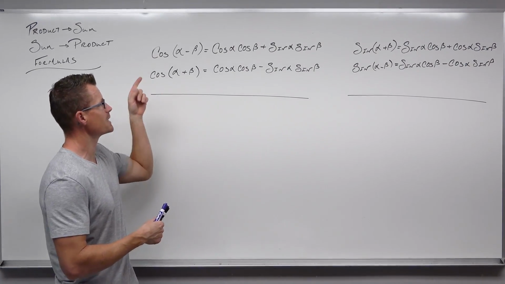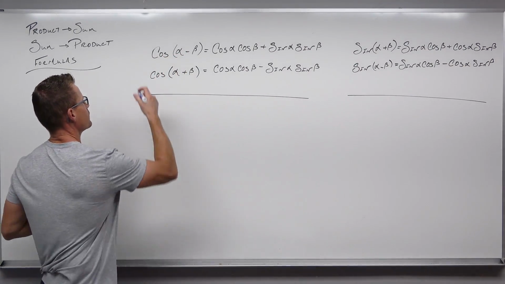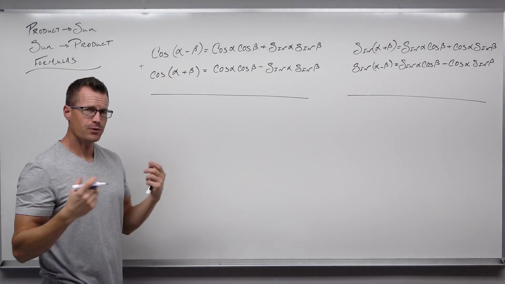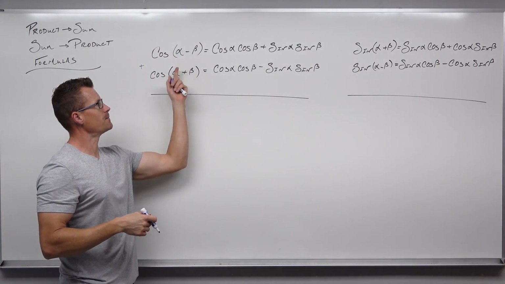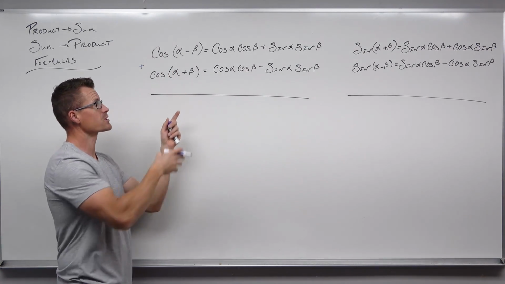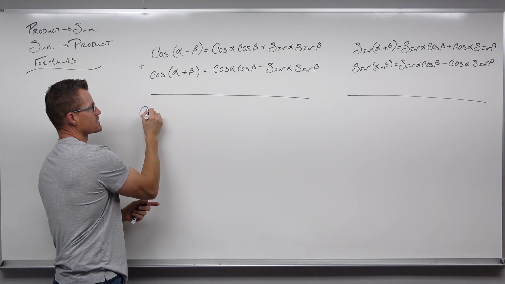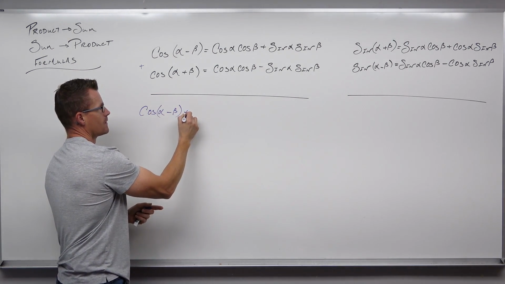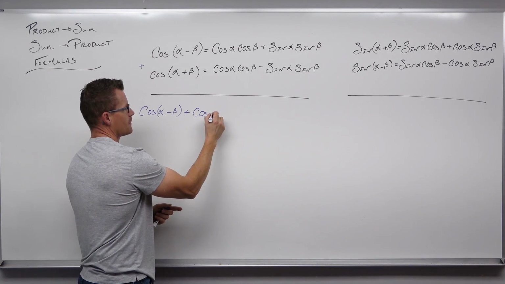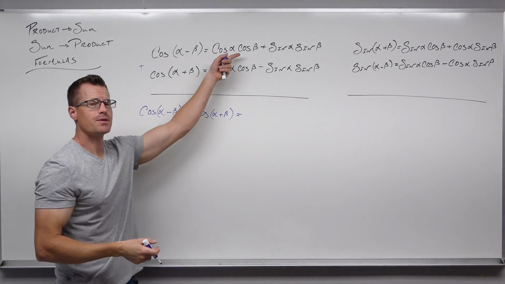Let's see what happens when we take these two formulas and add them together. If we do add them, we're going to end up getting cosine of alpha minus beta plus cosine of alpha plus beta. So I'm adding these equations together. This would give us this, equal to, the same thing happens here.